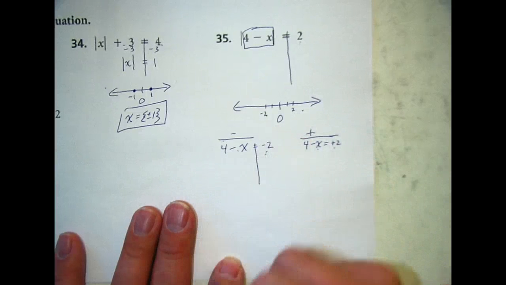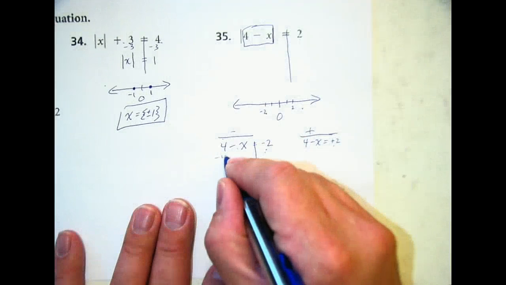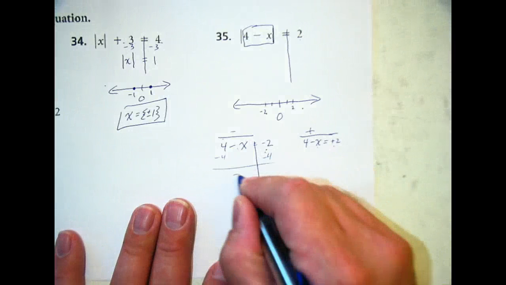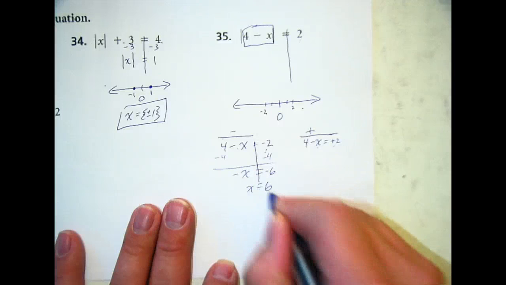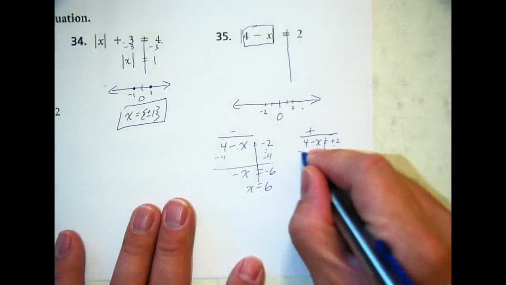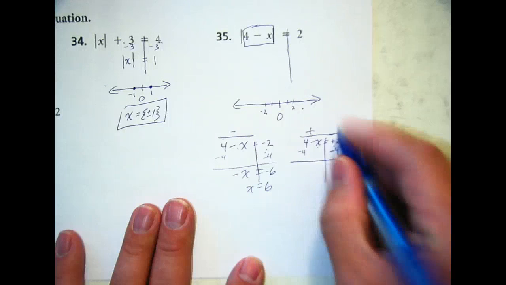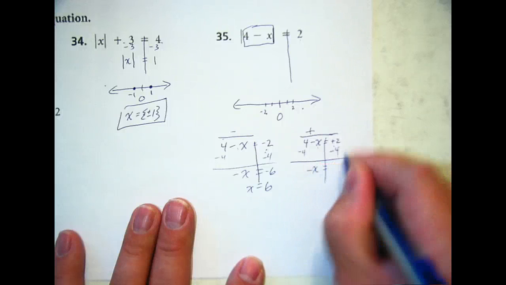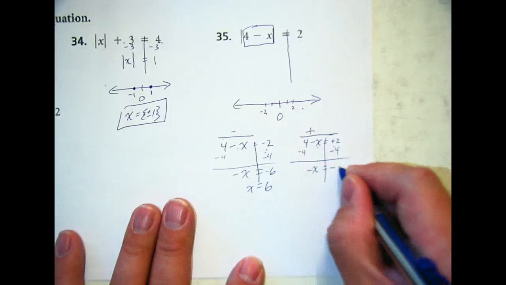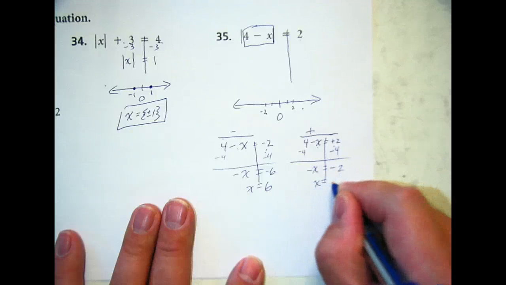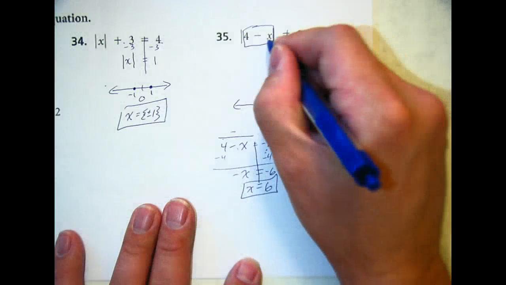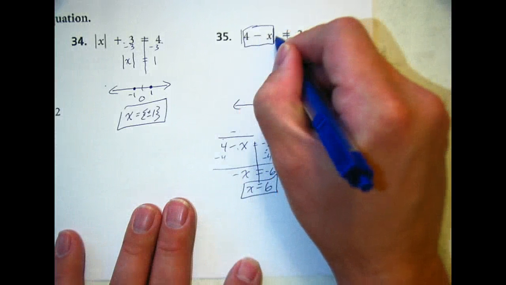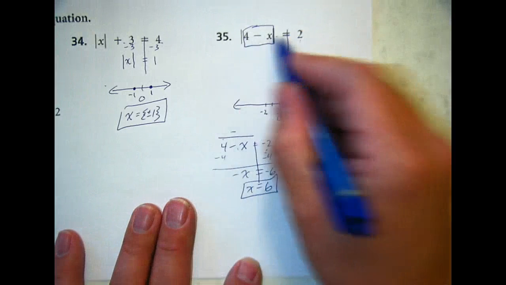What makes this negative 2? Yes, subtract 4, you get negative x is equal to negative 6, so x equals 6. Here, subtract 4, you get negative x equals negative 2, so x is 2. So if I put 2 in here, that would give me 2.